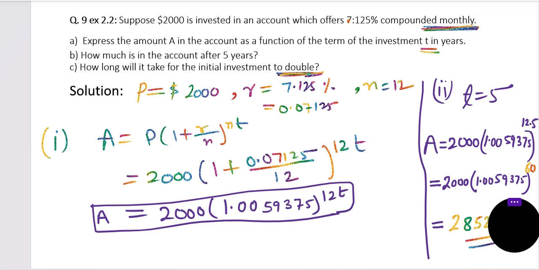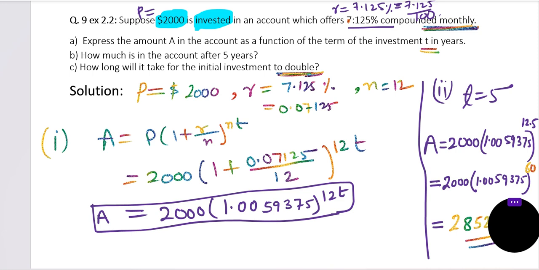So there we go. Suppose $2000 is invested, and this is P naught, the starting amount. This is compounded monthly, so n is 12. So this is r%. r is 7.125%, so 7.125 divide 100.